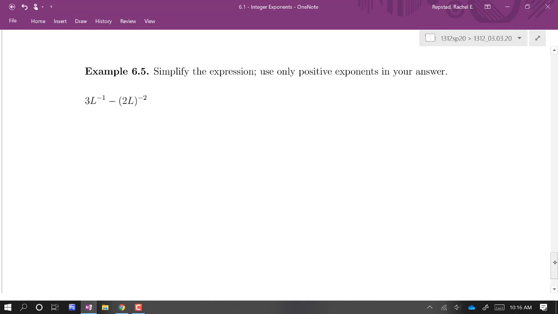What can we do? What's one way to start? The first part is 3 over L. Great. What about the second part?